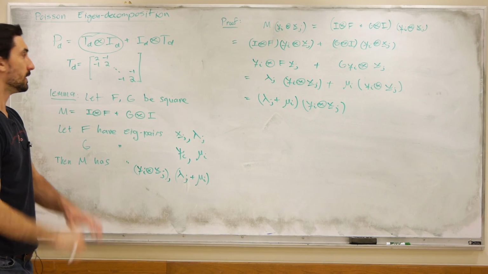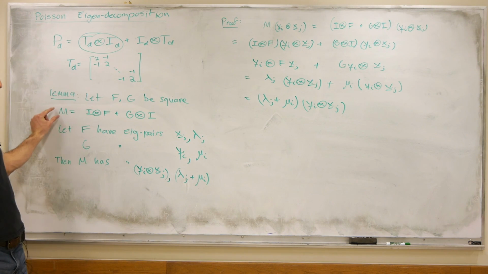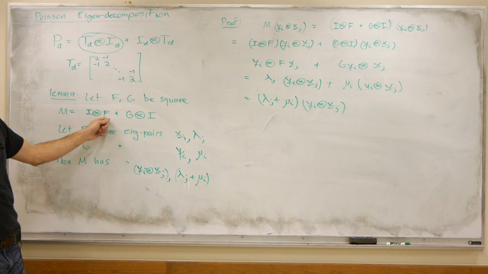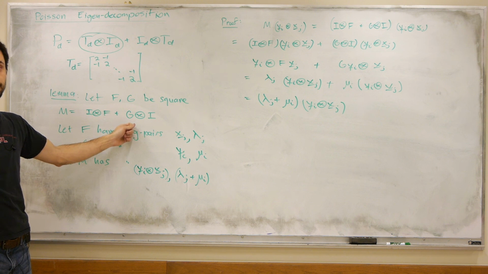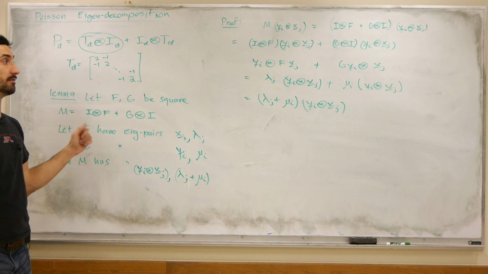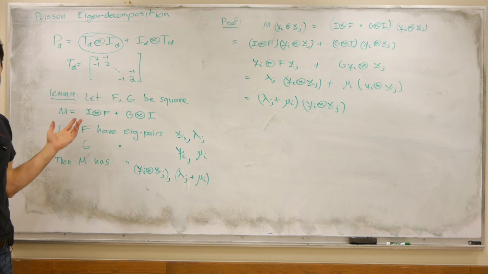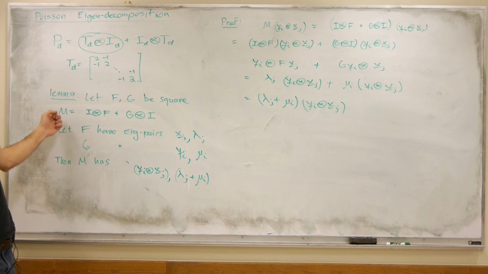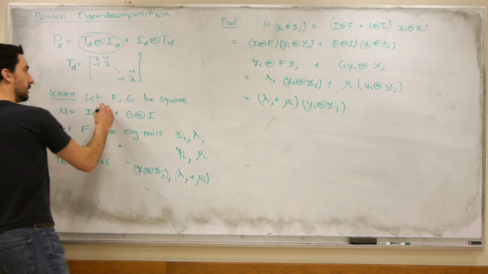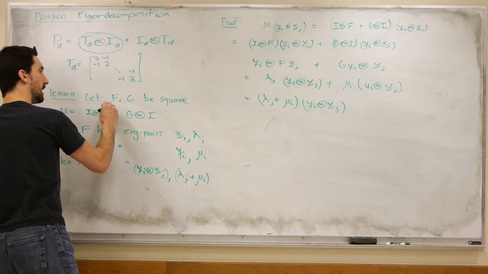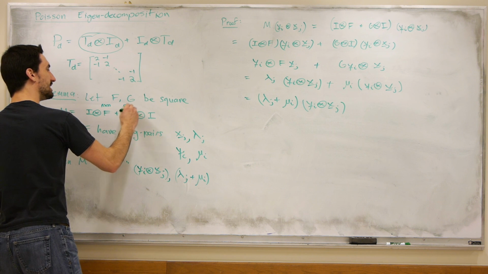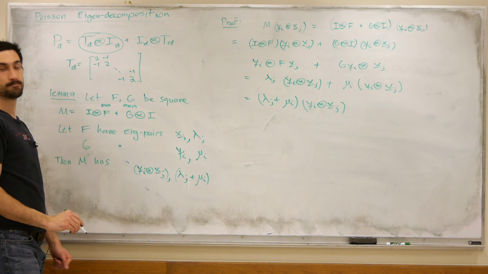Okay. Since the dimension of M is just the dimension of F times the dimension of G, the number of eigenvector eigenvalue pairs for M would then be the same number, just matches its dimension. So we'll assume F is n by n and G is m by m.